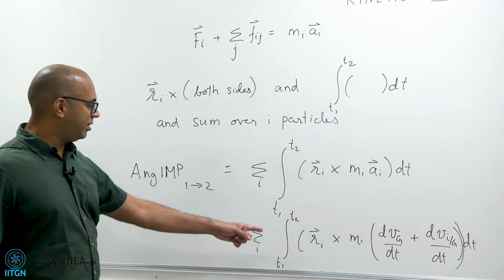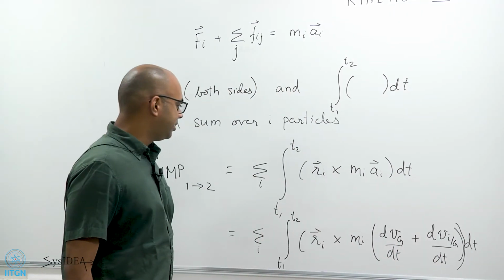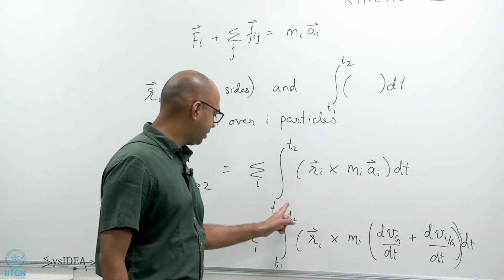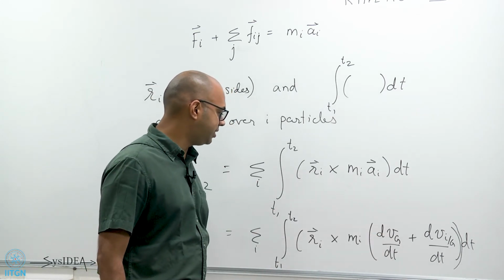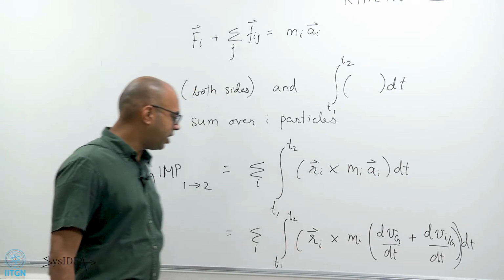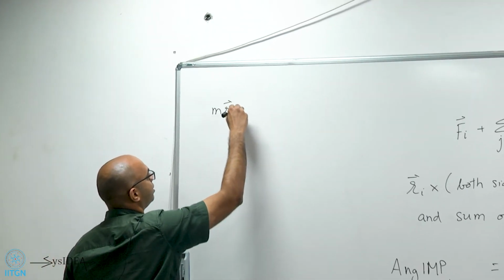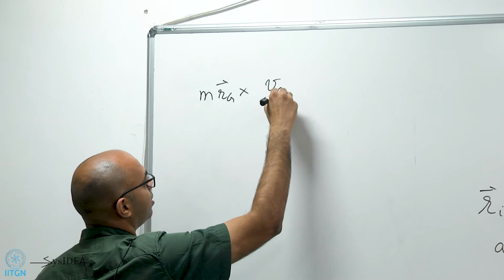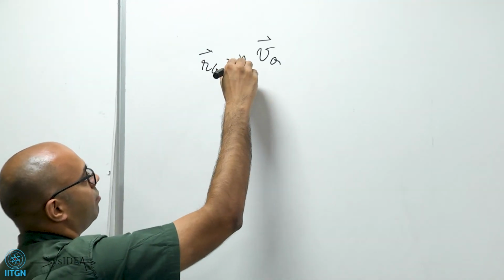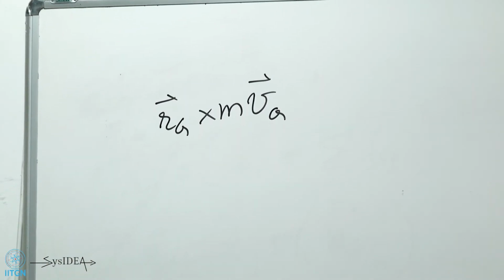Now this is very simple. Obviously the dt's cancel out. So you get one term which is Ri cross with mi dVg, and your integral makes it just Vg. And you can bring mi here with the summation. The first term really becomes m Rg cross with Vg. And again I can move this m to the second part of this cross product, and the first term really becomes Rg cross mVg.